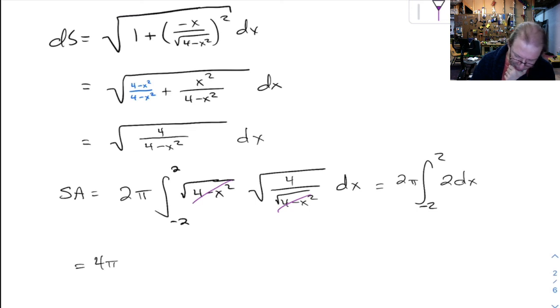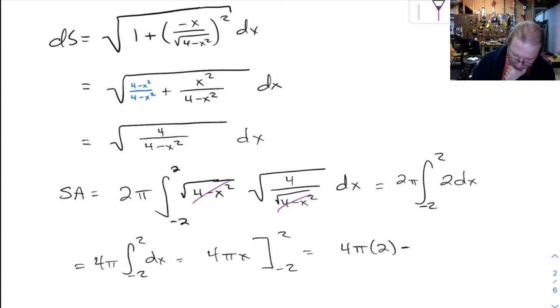You get 4 pi integral from minus 2 to 2 of dx. So you've got 4 pi x from negative 2 to 2. Plug them in, you get 4 pi times 2 minus 4 pi times negative 2. So you wind up with 8 pi plus 8 pi. So you get 16 pi for your area.